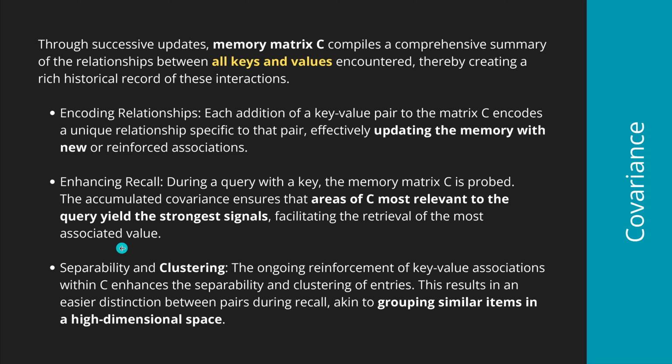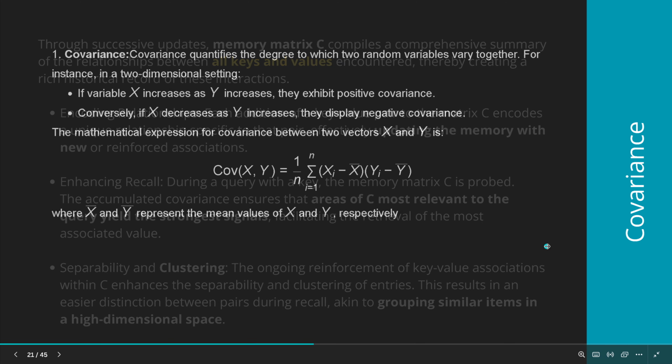And we have something like a separability and a clustering that is happening. And if you think about the cosine similarity in the attention mechanism, we also have a grouping of similar items in a high-dimensional space, so they are grouped together.